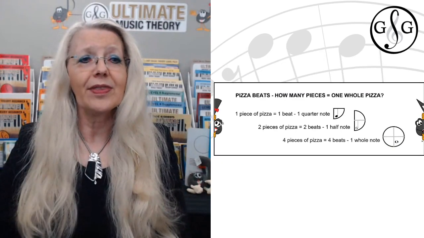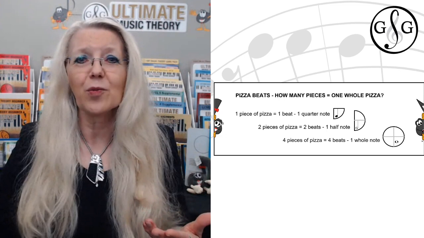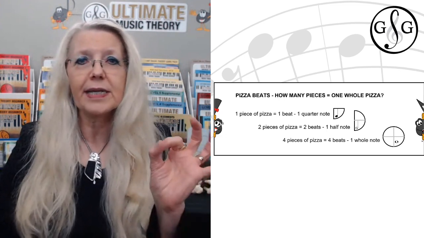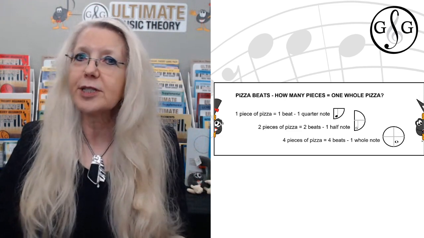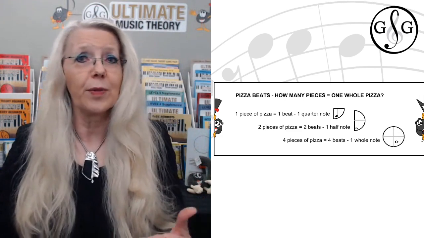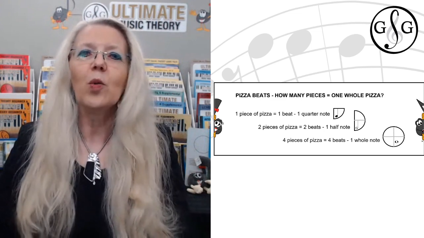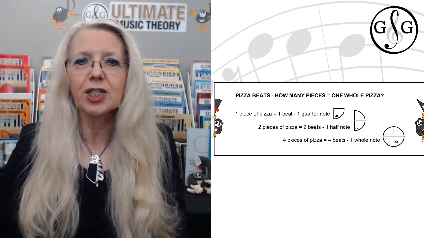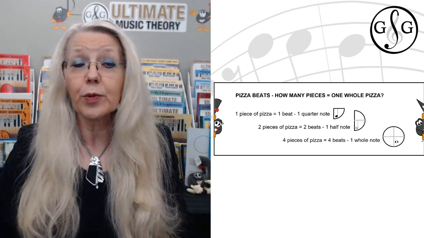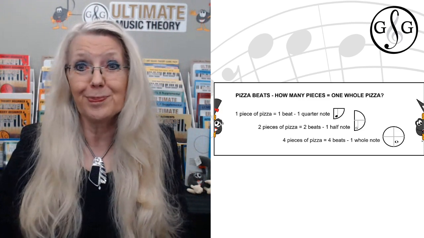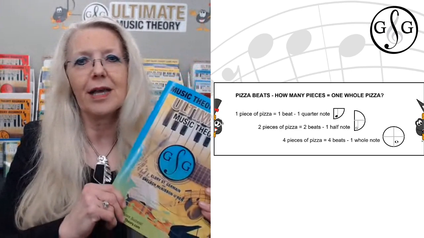As we help our students understand rhythm, that little piece of pizza gives them an easier way to learn and remember things. And it's fun because who doesn't want to talk about pizza, right? Once students see this visual representation inside the Ultimate Music Theory Basic Rudiments Beginner B book, you're going to find that the teaching concept is a whole lot easier.